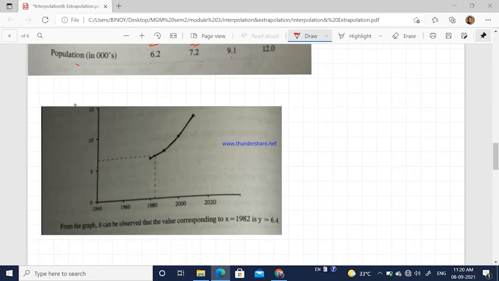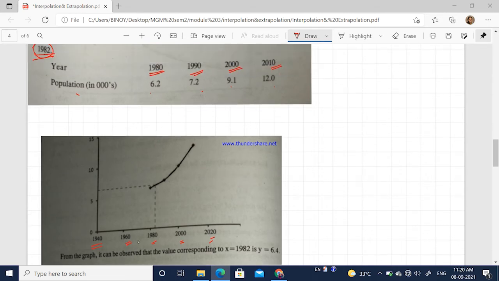So we start plotting the points. We start from 1940, then 1960, 1980, 2000, 2020. The first point is 6.2, and the next point is 7.2.